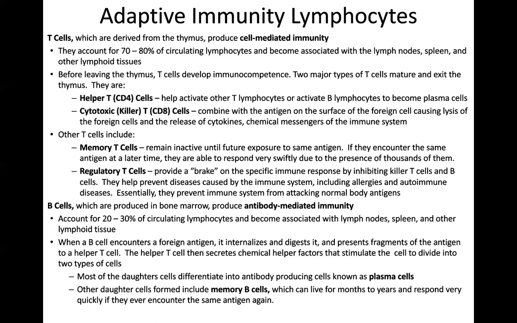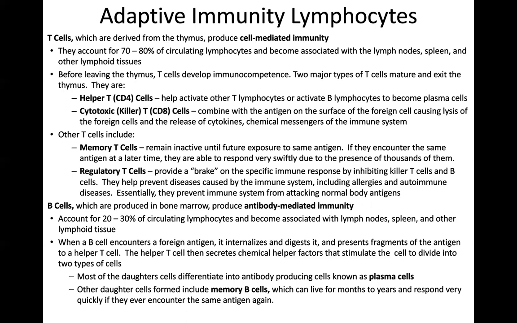They also can become associated with the structures that we learned about the other day, like the lymph nodes, the spleen, and other lymphoid tissues, like your appendix and your tonsils and whatnot. Okay, and before leaving the thymus, those T cells develop immunocompetence, and typically they mature and exit the thymus as one of the following two types of cells: helper T's, and what I usually call killer T's, which also go by cytotoxic, which is kind of a fancy word for killer.